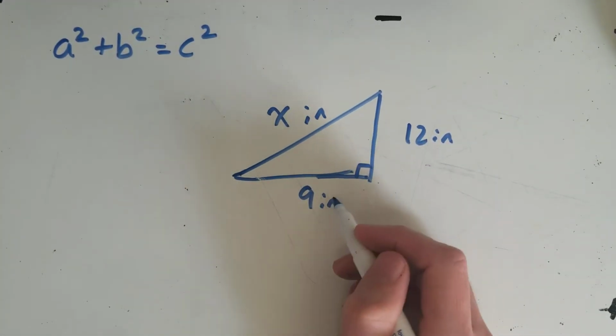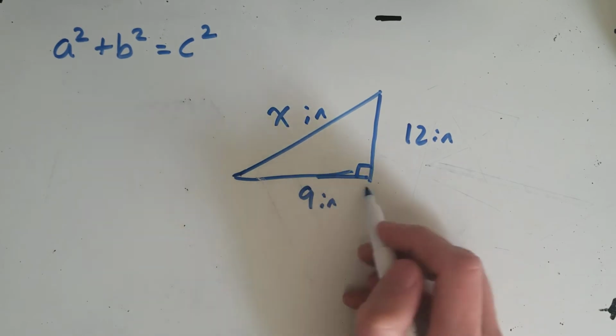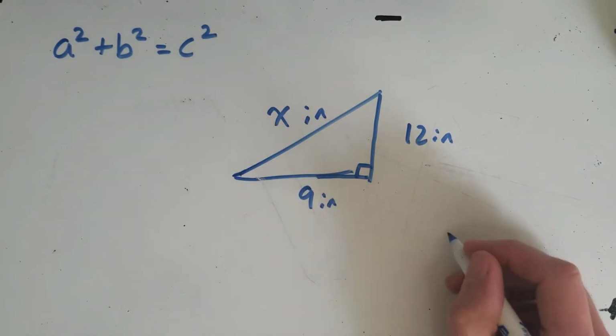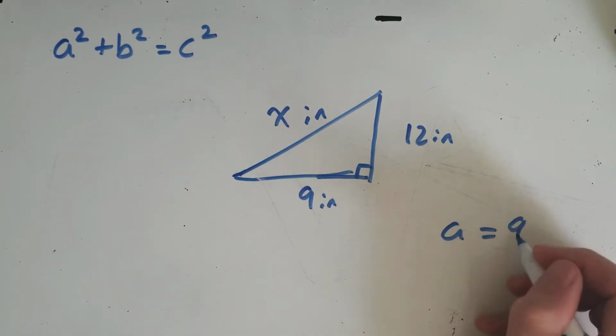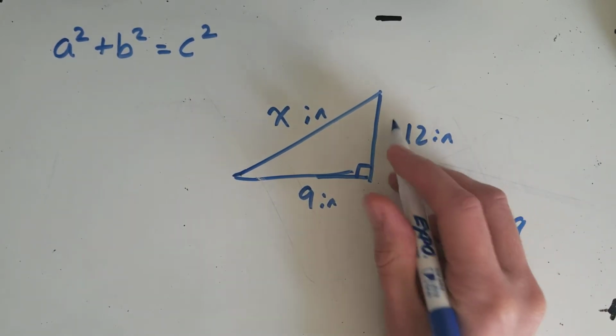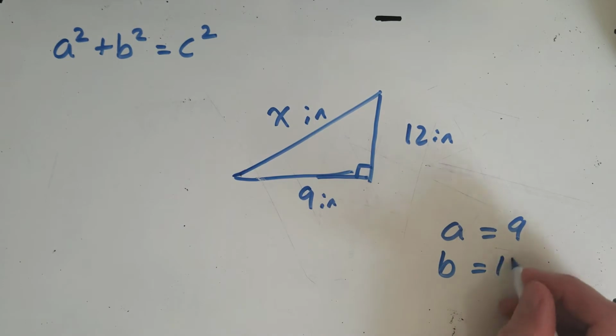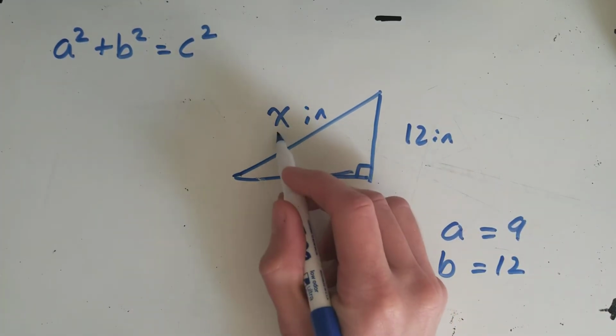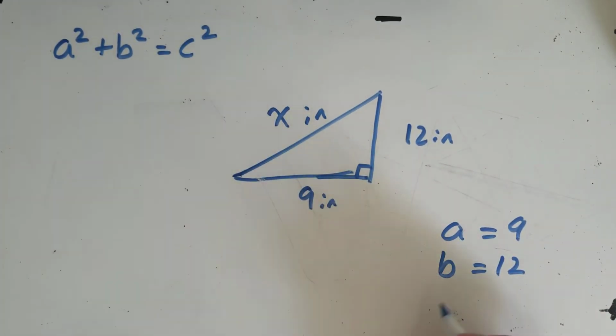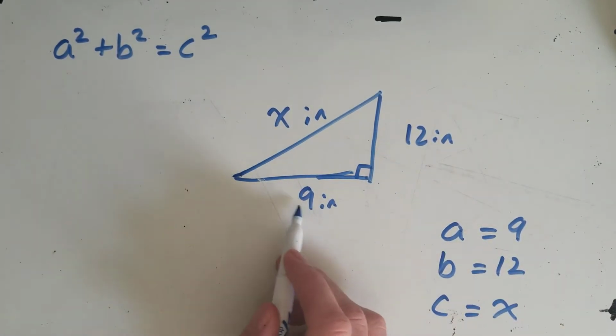If we look at the right triangle, the 9 inches is a leg, so we'll say A is 9, and the 12 inches is also a leg, so we'll call that B. We're trying to find X, which is the hypotenuse here. So we don't know what C is. C is X. And all we're going to do is substitute in.